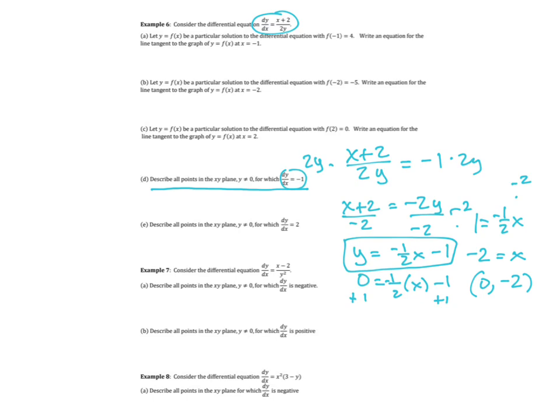Okay? That's what you're finding when you're doing this kind of problem. And you have to account for the place where they say it doesn't exist, y equals 0. Because why? On this particular differential equation, if y is 0, what happens to the denominator? Bad. It's undefined. So you're not going to have a slope there.